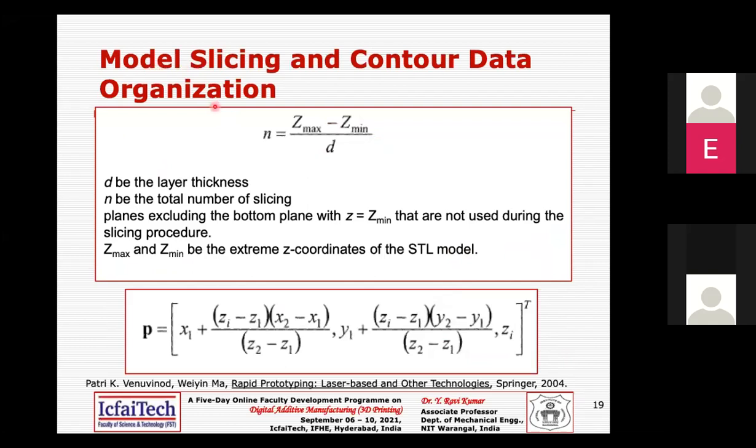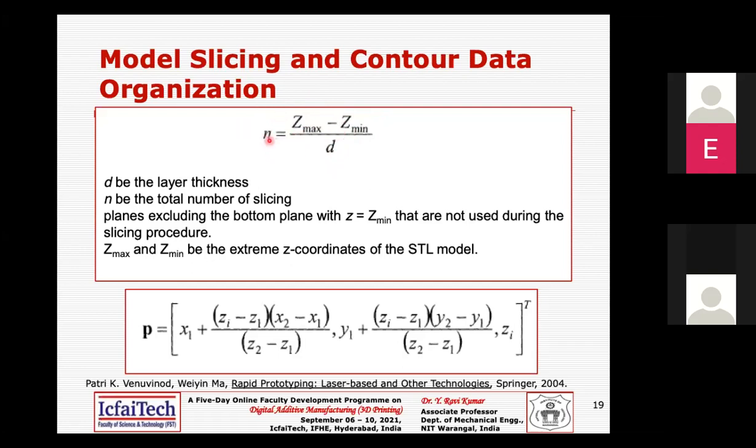And if you see how many slices we need to get, of course that depends on the maximum z height of the model minus the minimum z height of the model, divided by your layer thickness, which gives you the number of slices. It's a simple equation.